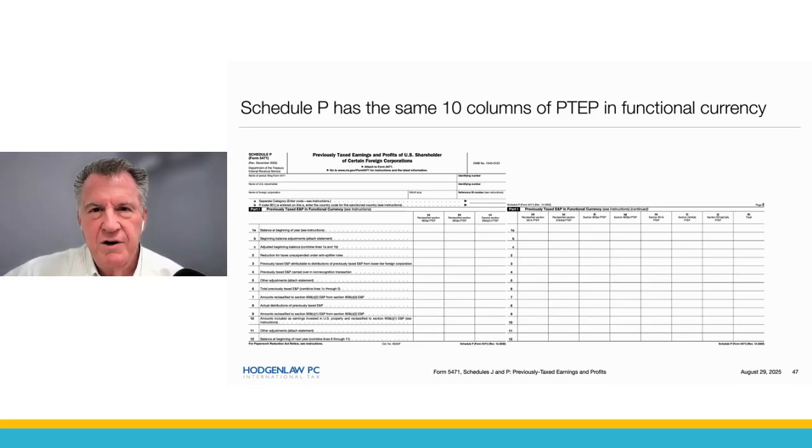There are some technical reasons why the inclusions might be different and PTEP might be different. But those are going to be oddball situations. And for the most part, I'm going to treat this, and especially for our example, because we don't have a lot of time left, as matchy-matchy. And the numbers are going to come over from the Schedule J into the Schedule P at the right column. So we're going to have the same $600 of untaxed earnings and profits, and we're going to have the same $1,400 of previously taxed earnings and profits.